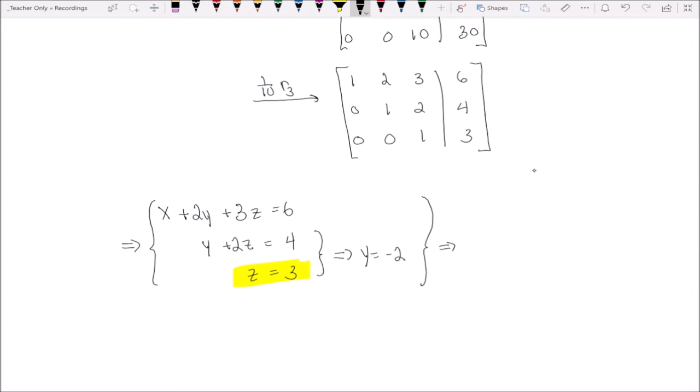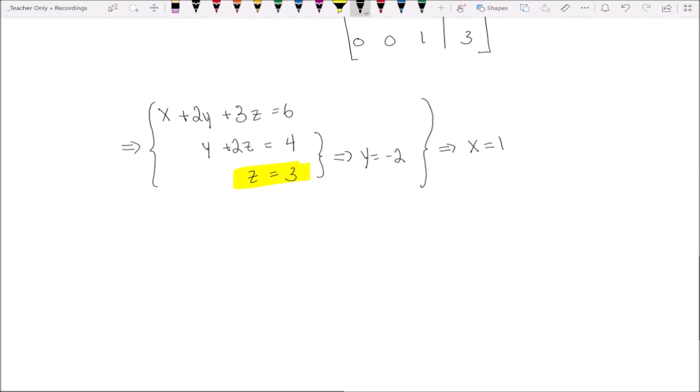Negative 4 plus 9 is 5, so we have x plus 5 is 6, and so x has to be 1. So our solution written as an ordered triple is 1, negative 2, 3.